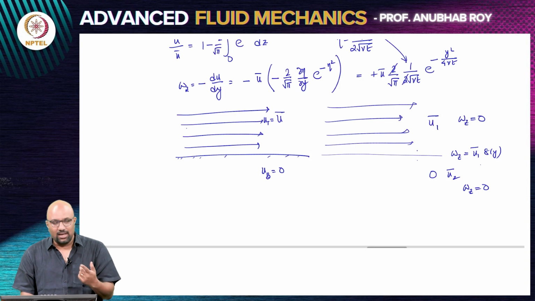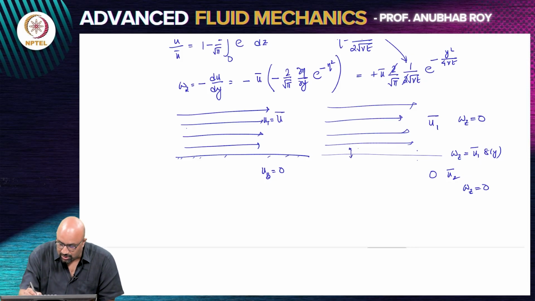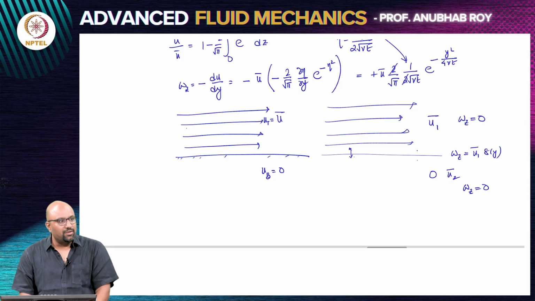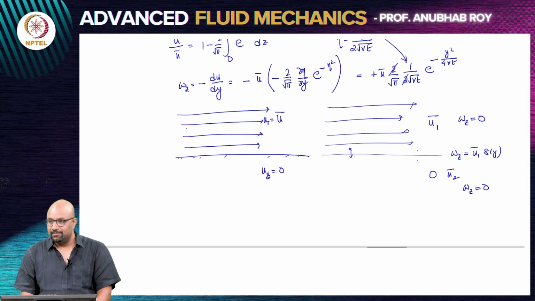And now you can think of what you have done for the impulsively pulled plate problem as being applied here. That I have two streams of fluid which are moving with different speeds. Because of viscous diffusion, the faster moving fluid will want to drag the slower moving fluid.